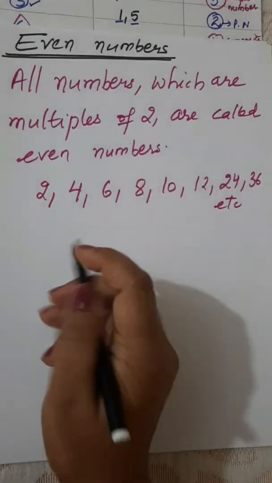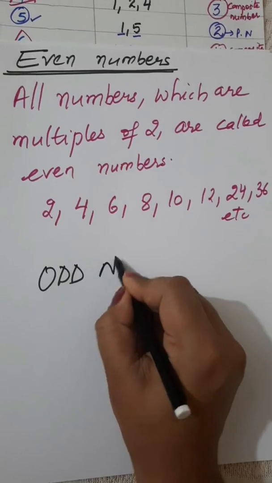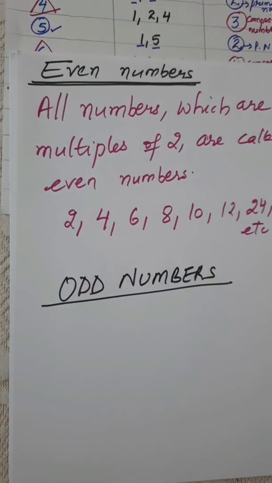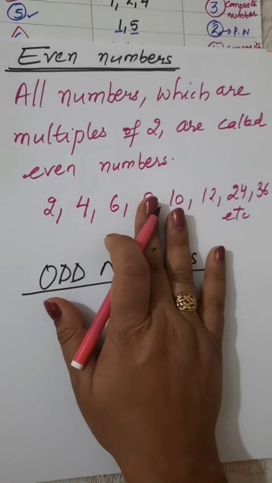So next are odd numbers. As we know, all the multiples of 2 are the even numbers.